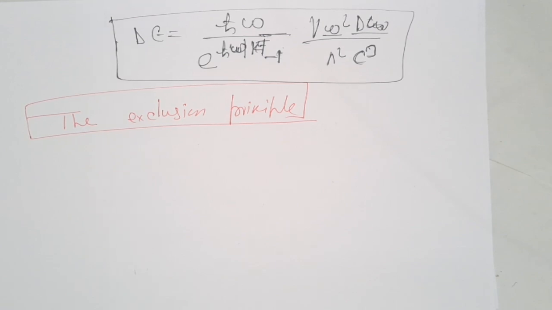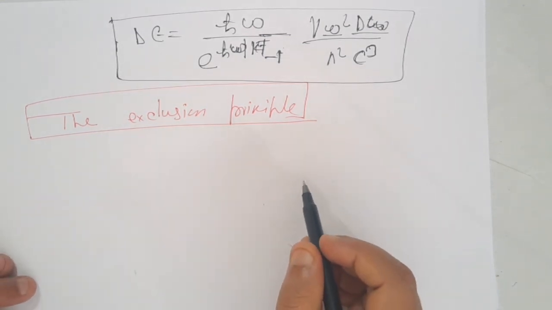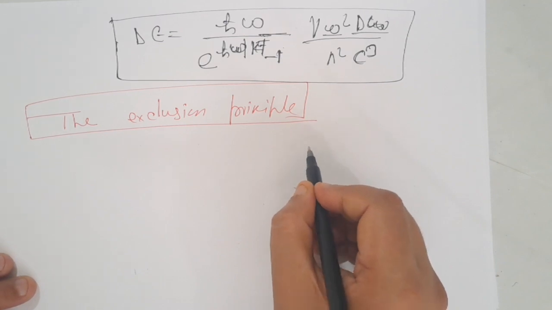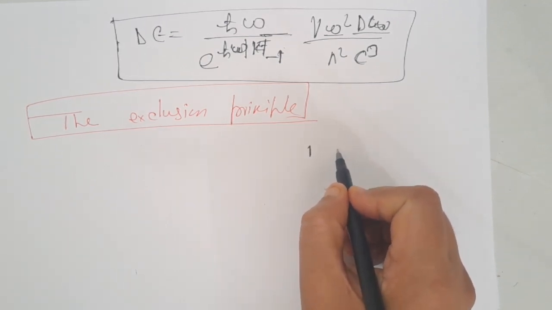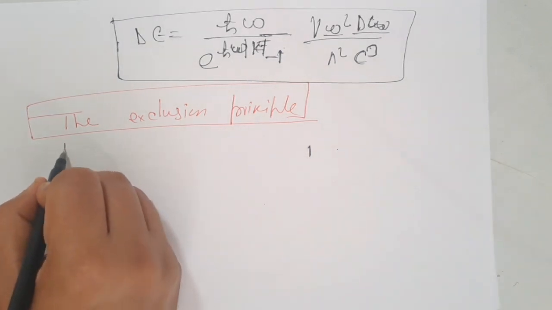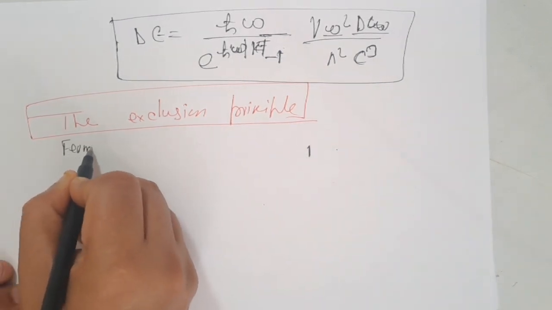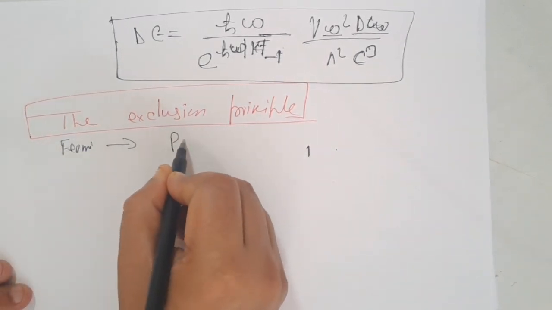Now there is a little introduction of the exclusion principle. We know that every particle has some spin, and Fermi particles follow Pauli's principle.